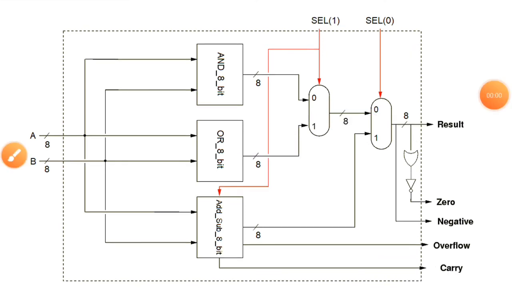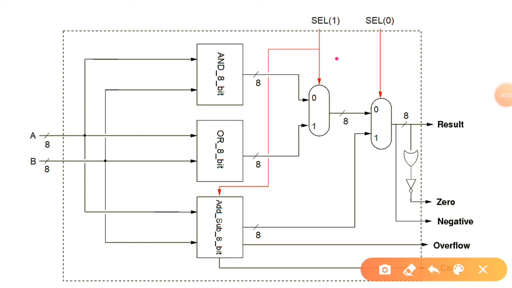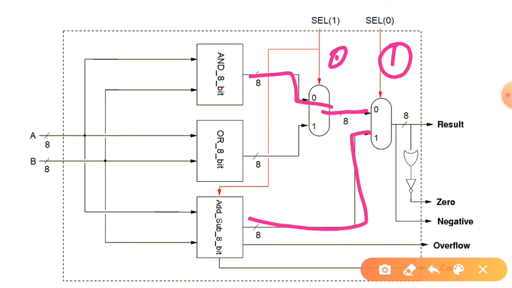Okay. Next combination of the select signal is 0 1. So when select 1 is 0, what will happen? This upper port will be connected to the output of this mux, but this output will not go to the result. Why? Because this input of the mux is 1, so that means this output of the add sub unit will be directly connected to the result in this case.